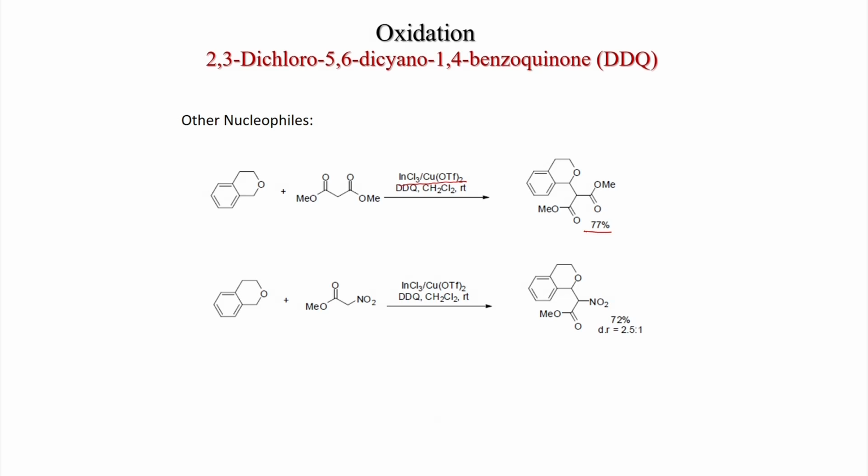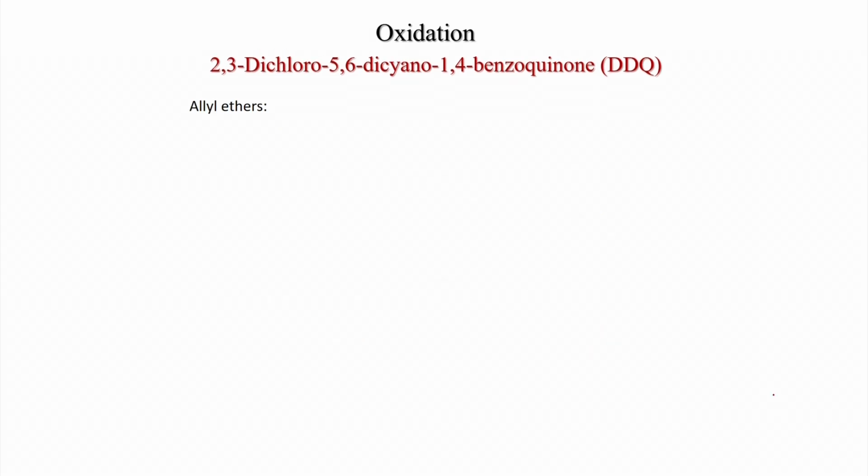Here also this is an activated nucleophile, nitroesters, and this nitroester under this condition, indium chloride, copper triflate, which acts as Lewis acid, and DDQ, you get these products in a dr of 2.5:1.